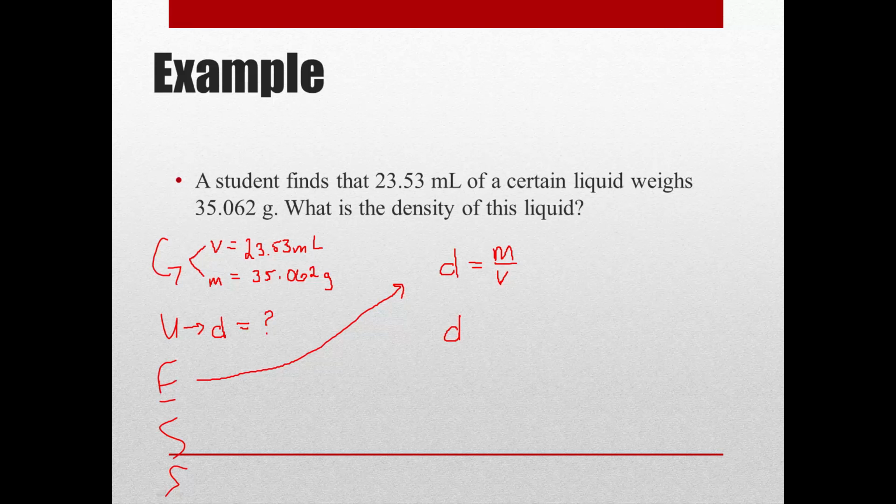I can then do what's called substitute. That's my first of my S's. So substitute in density equals, mass is 35.062 grams. Volume is 23.53 milliliters. So the density winds up needing to be calculated. The units don't cancel, and we'll talk about the units in just a second.